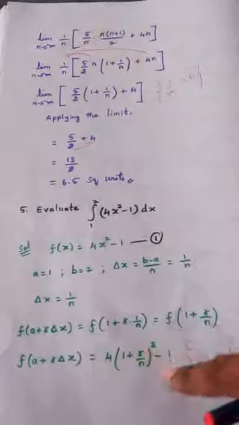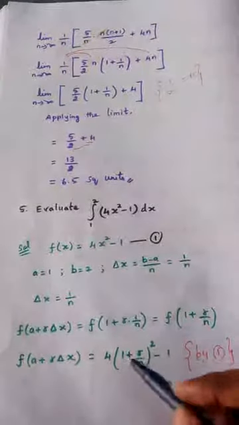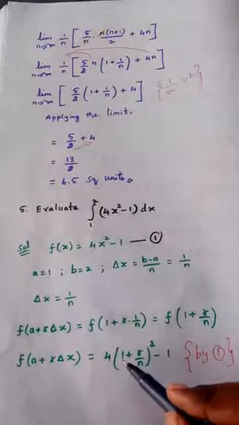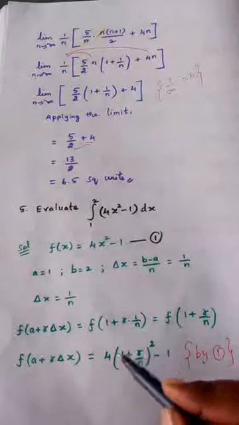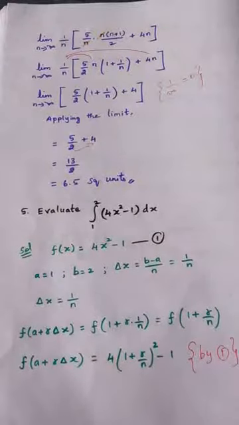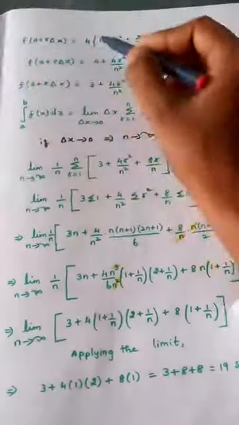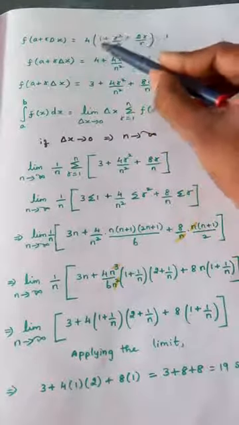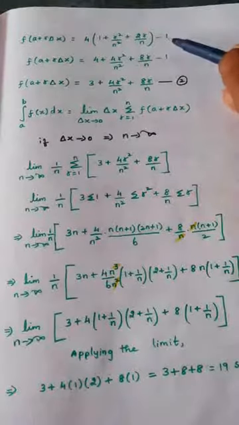4x square minus 1. So now expand this using a plus b whole square: a square plus b square plus 2ab. a square means 1. b square means r square by n square. 2ab means 2 into r by n, right? So applying the formula, we get 4 into a square plus b square plus 2ab, and this minus 1 is already present.